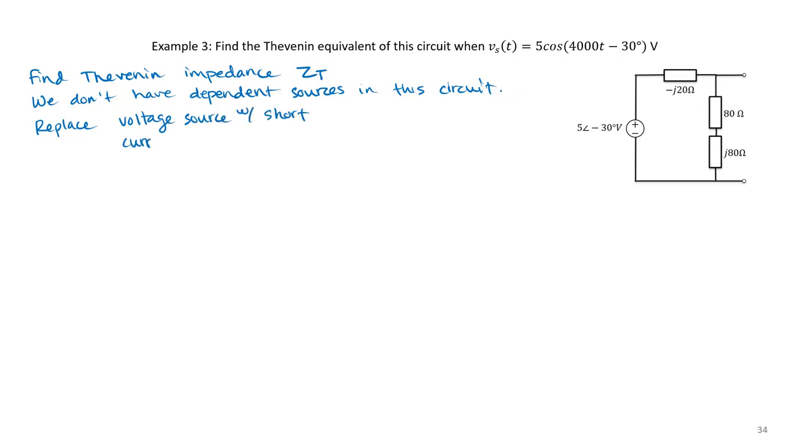If we had a current source, it would be replaced with an open. And then we find the equivalent when walking across the open terminals.